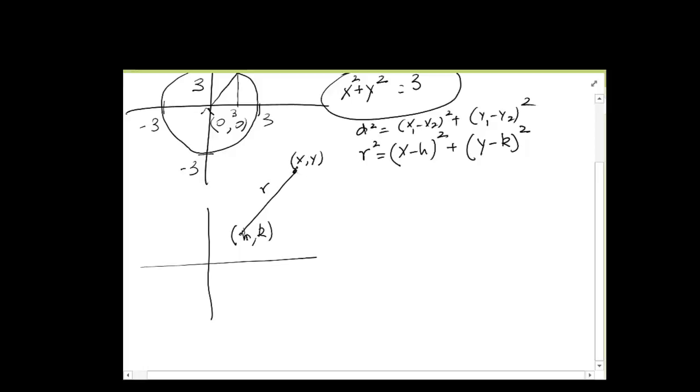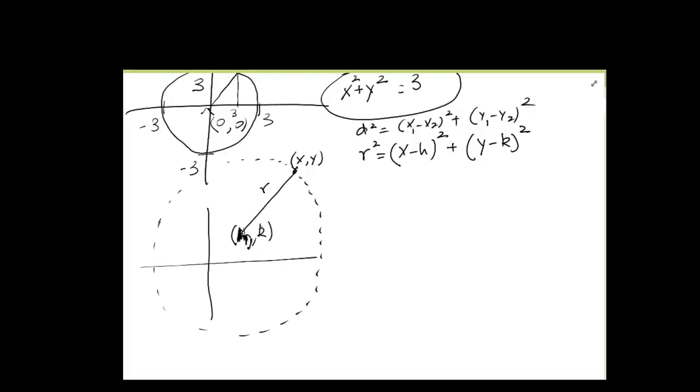And r is the radius of this circle. The center of this circle is (h, k). This is if you're given the center of the circle and the radius, then you come up with the equation of the circle.